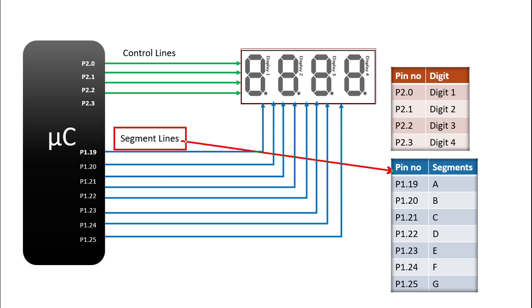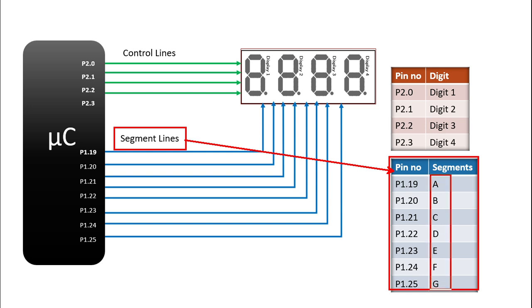For these 7-segment lines, I'm using totally 7 lines, and port pin numbers also you can see here. I'm using port 1 to control the 7-segment display. So in this way it has been configured. I'm going to use A, B, C, D. These are all the segments of your 7-segment display.